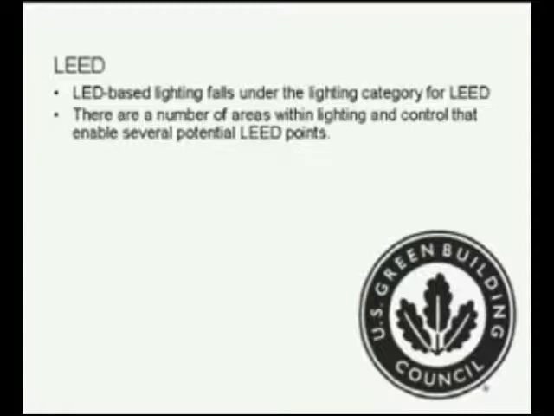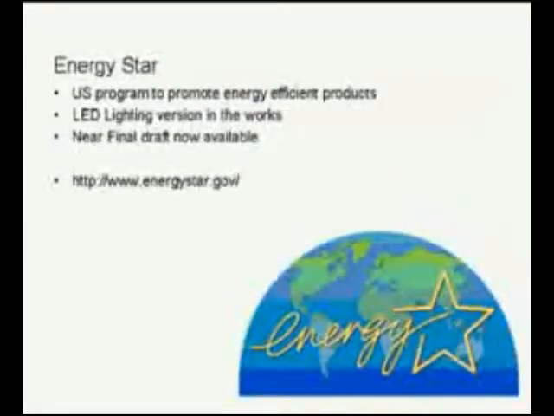Architects specifically are looking at this very closely, and in general, architects are looking at ways to improve the number of LEED points to be able to achieve certain LEED levels: gold, silver, platinum, and so forth. And LEED, as one component of that, does have lighting, which enables you to have several points as part of your accreditation for your building.